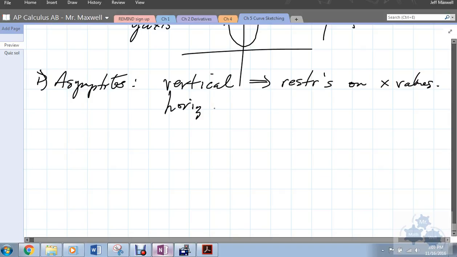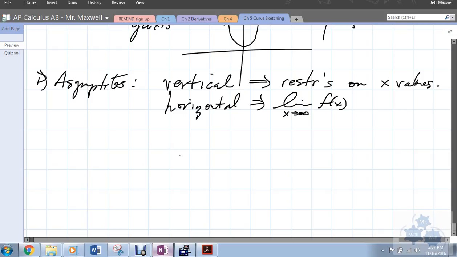Horizontal, right? The limit of the function as x approaches infinity. So you want to find if there's a limit there. If there is a limit, that's your horizontal asymptote. There's your vertical and horizontal.